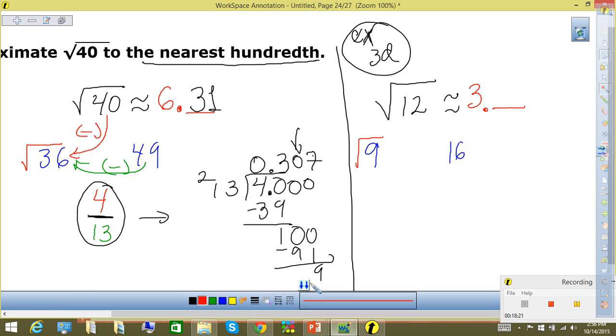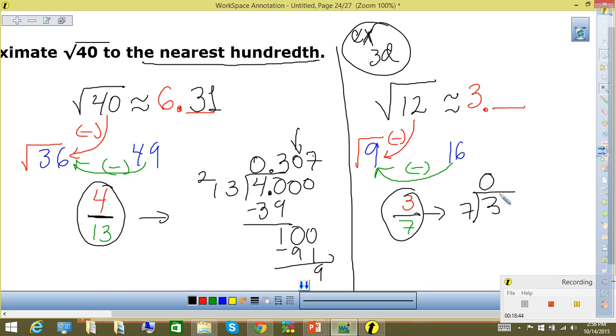So, what is 12 minus 9? 3. Okay? Fraction. What is 16 minus 9? 7. Do we know how to make this into a decimal? Yes. 3 divided by 7. Add a 0.